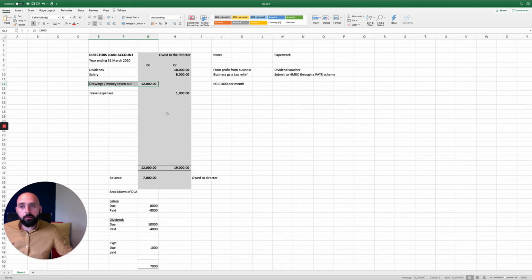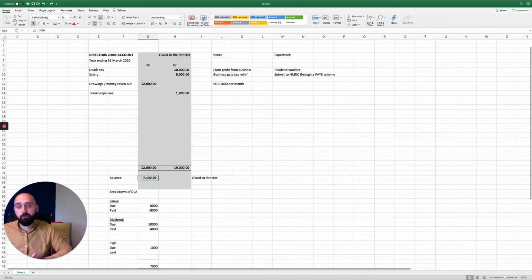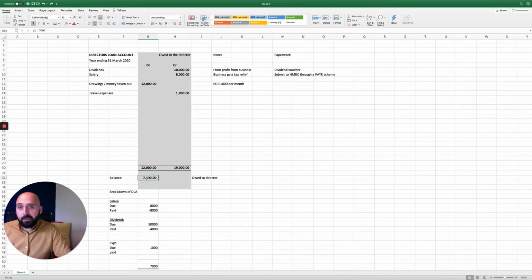For a small business, it's not often that you're that disciplined that you can label exactly what you're paying. So what we tend to do is look at it collectively. You're entitled to this, you're entitled to that, you've paid out this amount, here's the difference, you're still owed that. And that is a director's loan account.